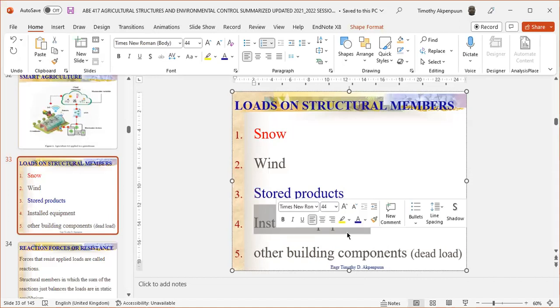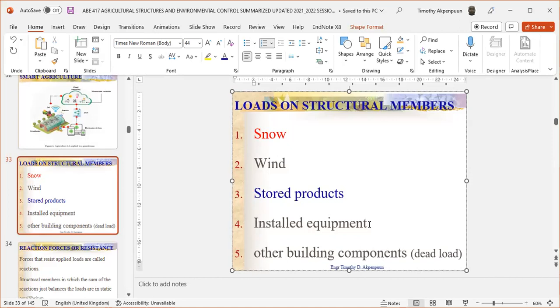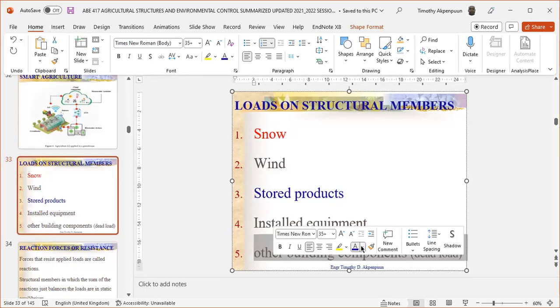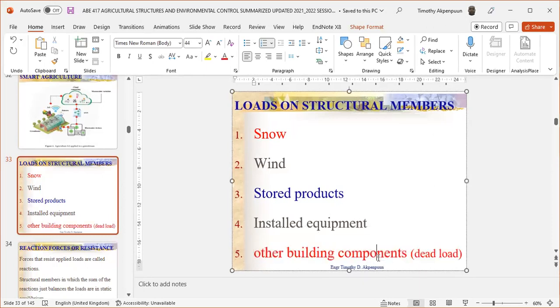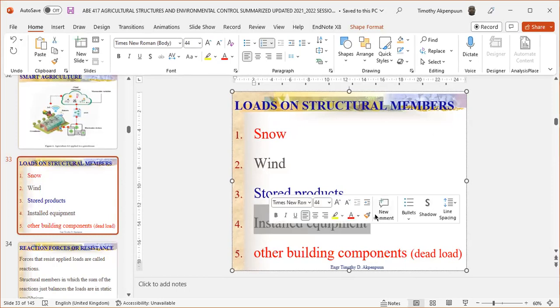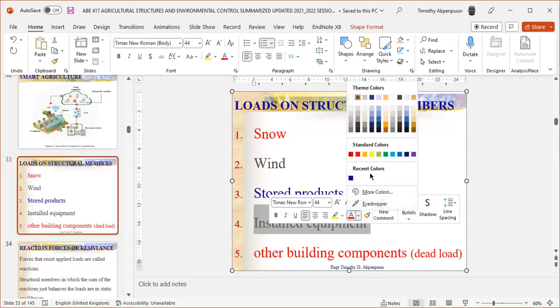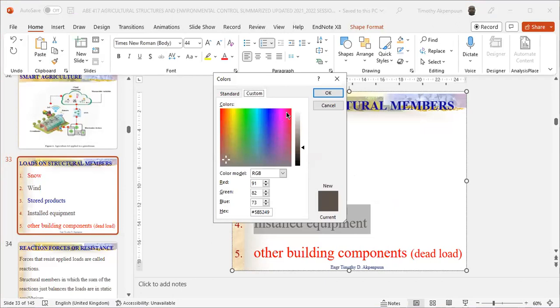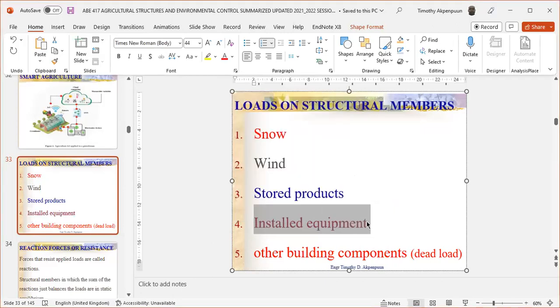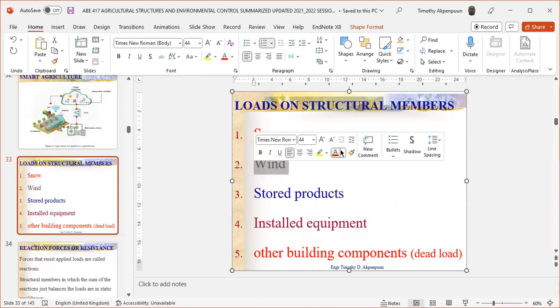Installed equipment, like processing centers, and other building components, which are called dead loads, like the weight of the building itself, the weight of the roof, and other components of the building. And you have wind.